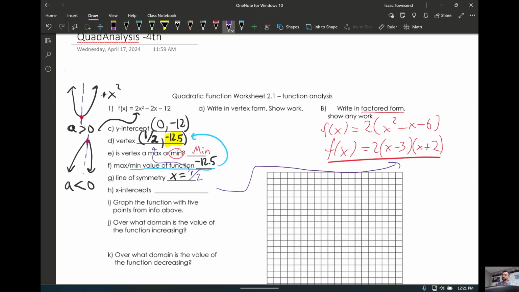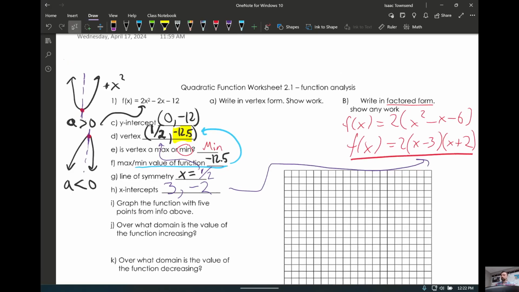Since x-intercepts occur when y is 0, if you already have it factored, you just set each factor equal to 0 and solve. 2 never equals 0, so that doesn't give me 1. X minus 3 equals 0 at 3, and x plus 2 equals 0 at negative 2. So usually if you just want the x-intercepts, you're just going to deal with factoring. Although you could do quadratic formula if you'd rather. You would still get the same answers.